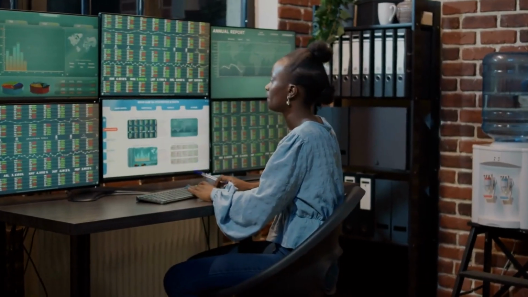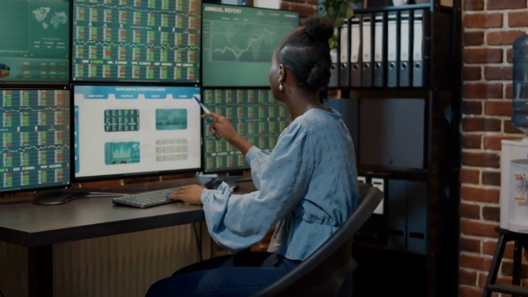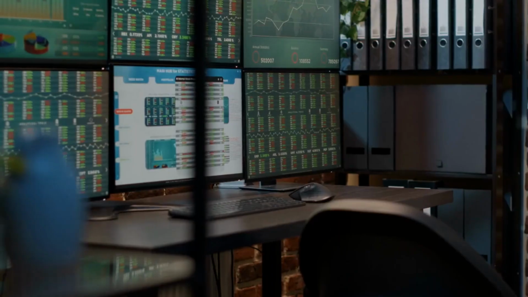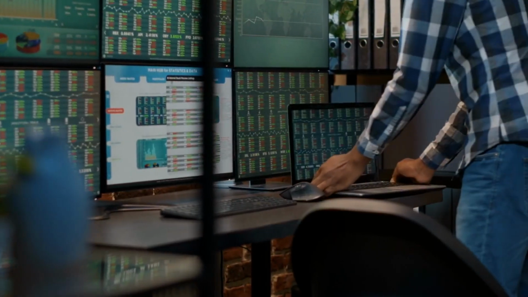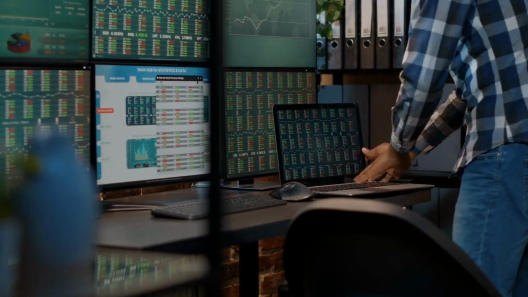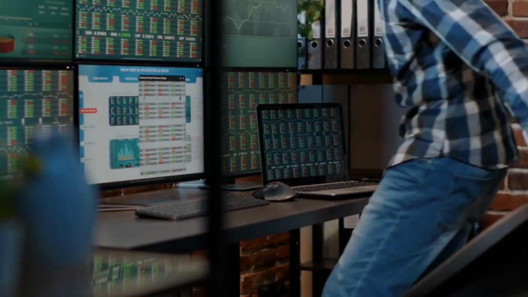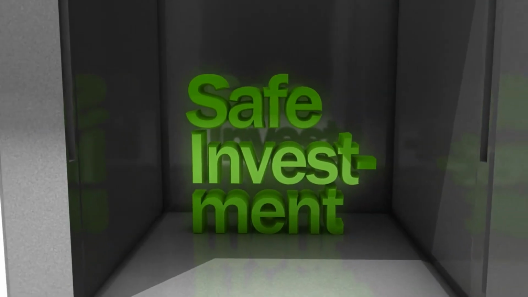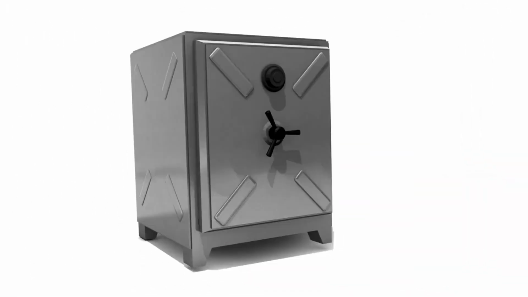Hedge funds are also subject to a range of regulations depending on the jurisdiction they are located in. Generally, the regulations governing hedge funds concern the disclosure of financial information, the trading of derivatives, and other aspects related to operations. It is important to be aware of these regulations when investing in a hedge fund.